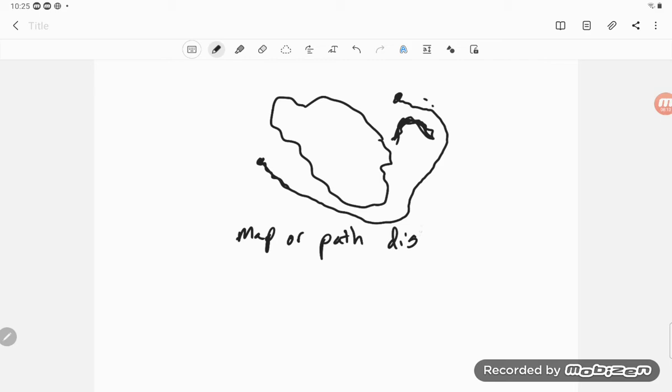So it's related to both Euclidean and grid distance in that certainly if my path went straight from this point to that point, then following the path distance would be exactly the same as the Euclidean distance. It'd just be a straight line distance.